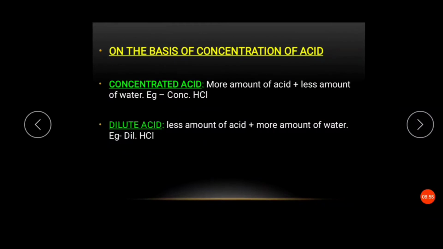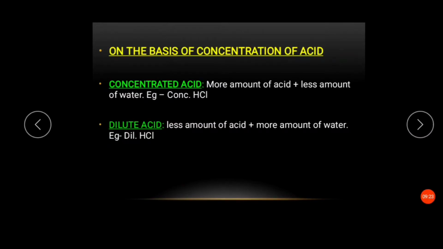On the basis of concentration of acid, there are two kinds: concentrated acid and dilute acid. Concentrated acid means it contains more amount of acid and less amount of water. Example is concentrated hydrochloric acid. Dilute acid contains less amount of acid and more amount of water. Example: dilute HCl.